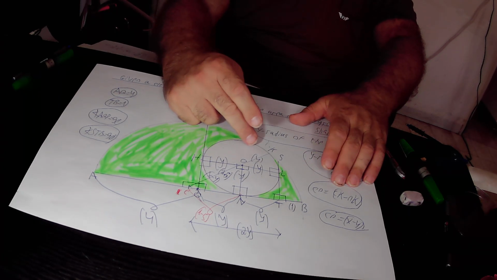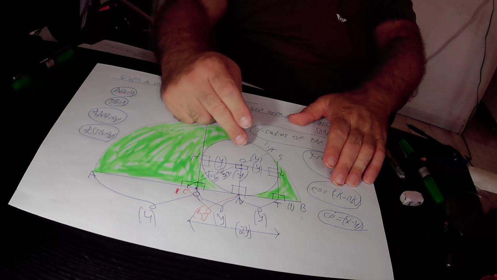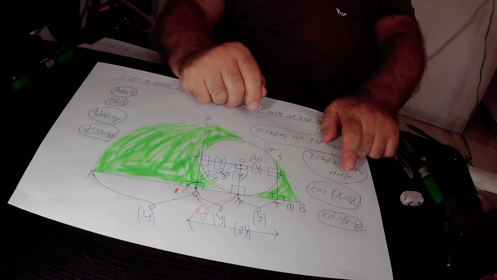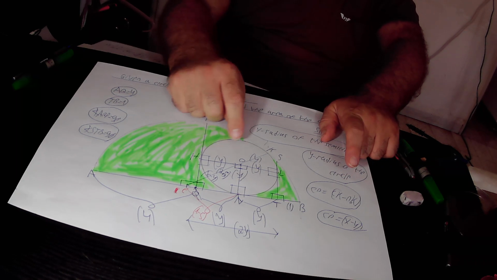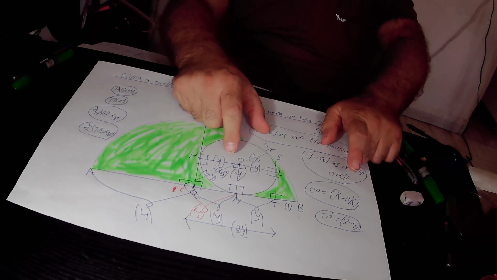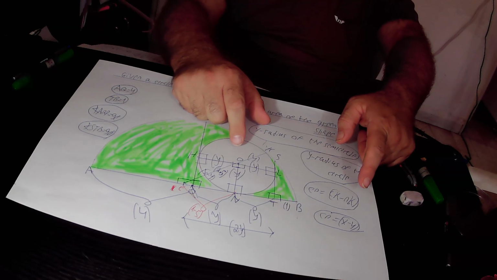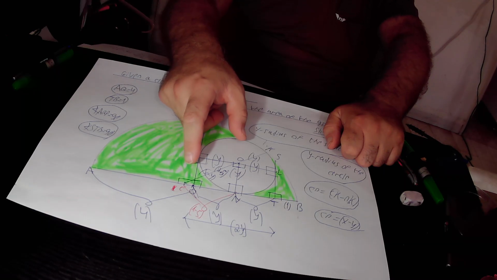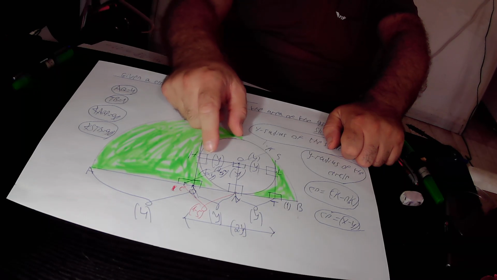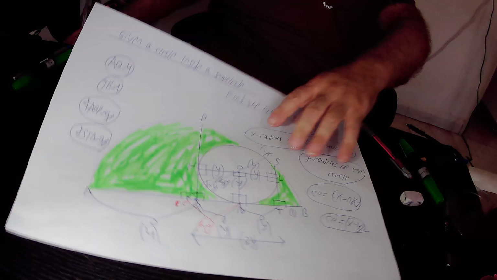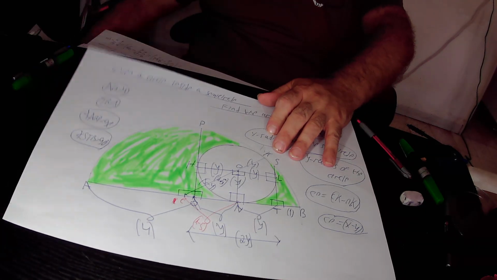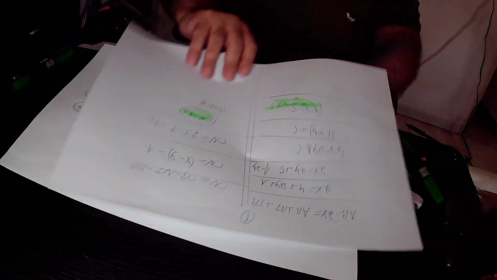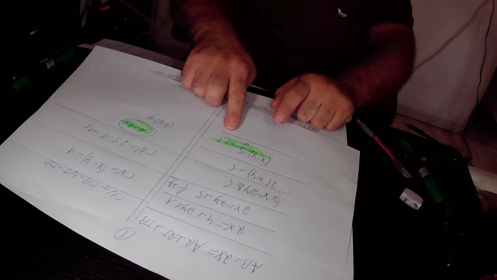If COK is one straight line, it means that CO equals CK minus OK. CK is the radius of the semicircle, that is X, minus OK. OK is the radius of the small circle, that is Y. So in total, we found out that the length of line segment CO is equal to X minus Y. But X minus Y is 2.5.